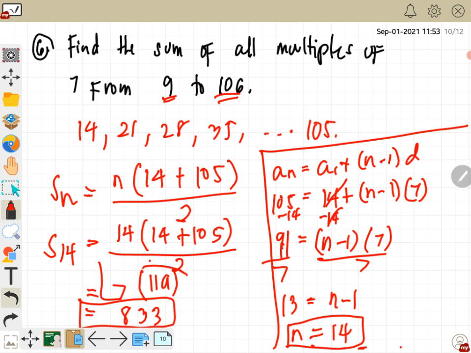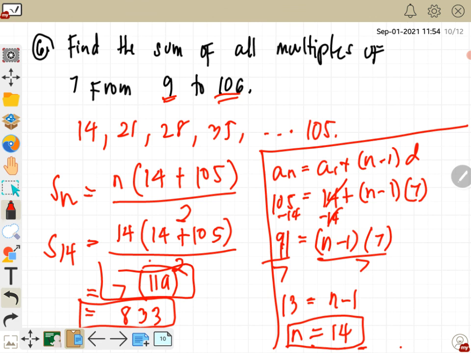So you check if that's correct. 7 times 119. Okay, so that's it. If you're going to add all of these, we get the sum of 833 from 14 to 105. The terms are multiples of 7.